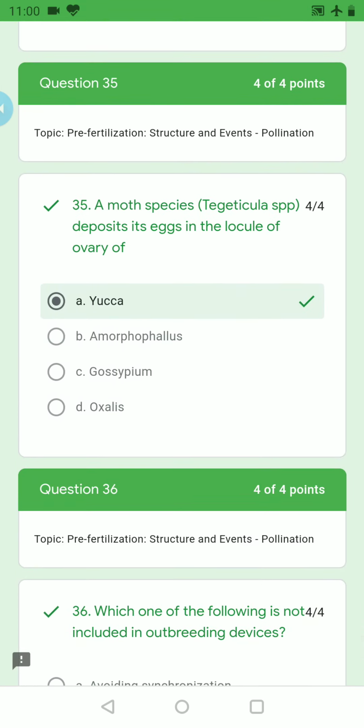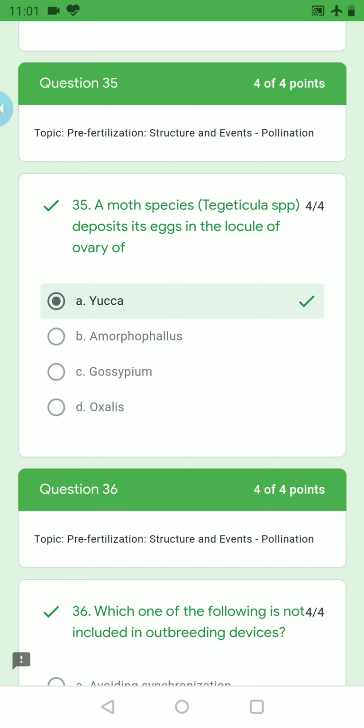The next question. A moth species, that is Tegeticula, deposits its eggs in the locule of the ovary. Which is that plant? Yucca.